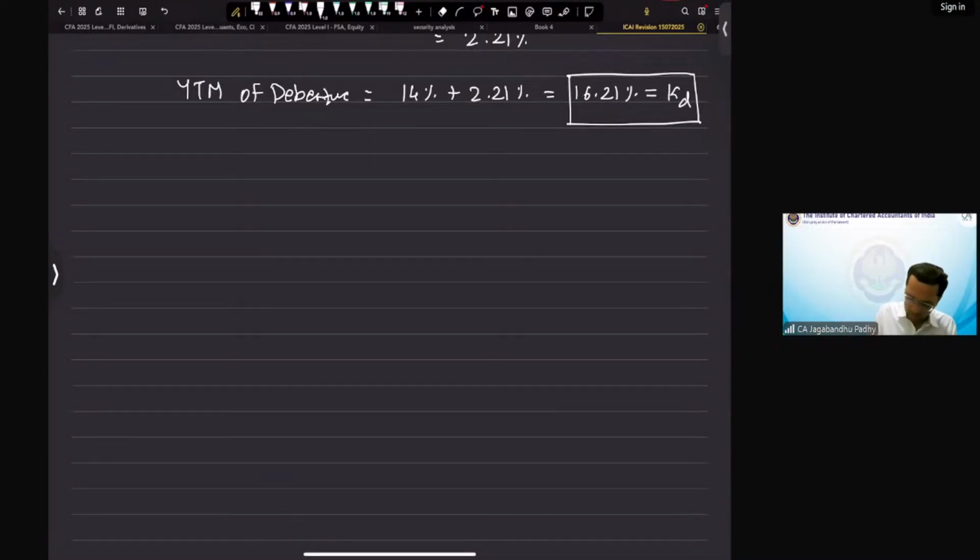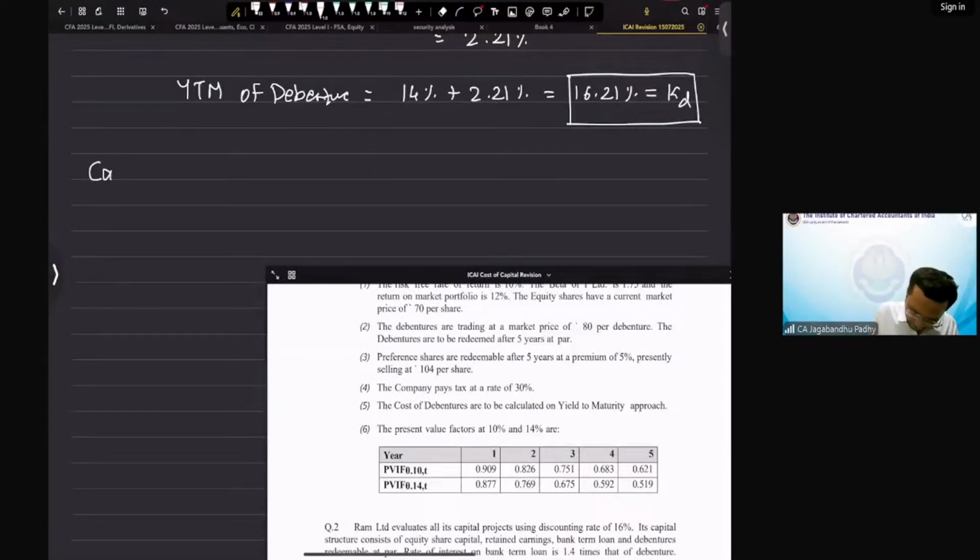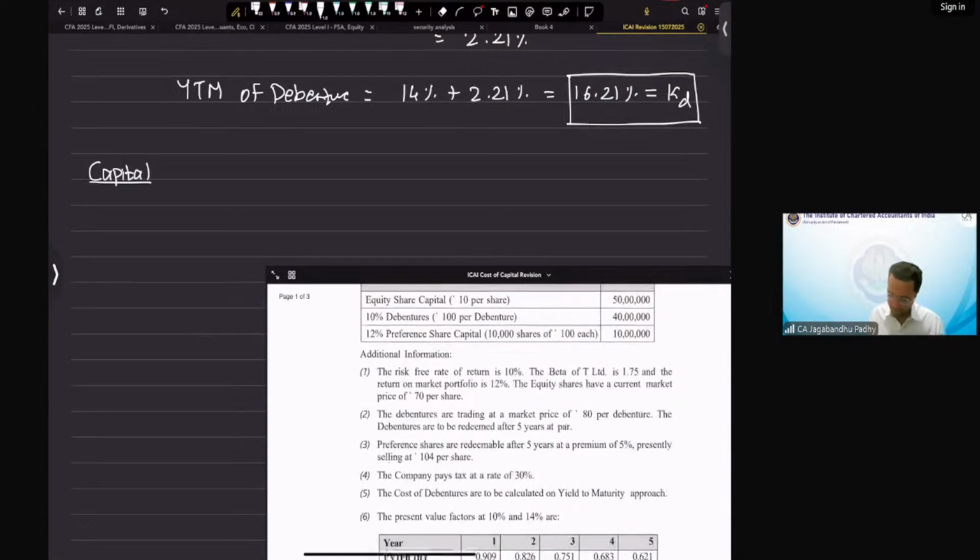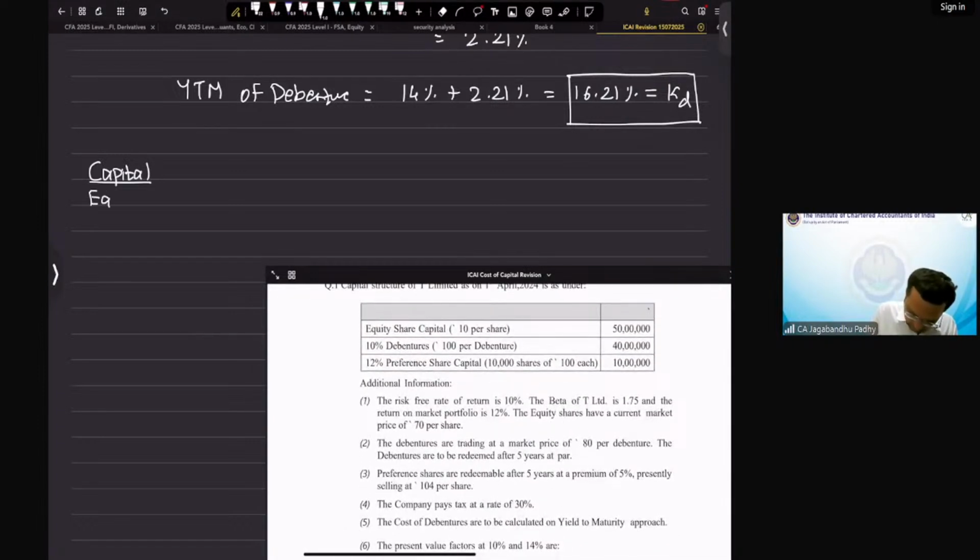So let me just write down the capital as equity share capital, 10% debentures, 12% preference share.